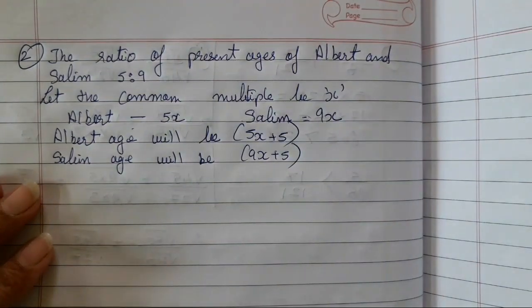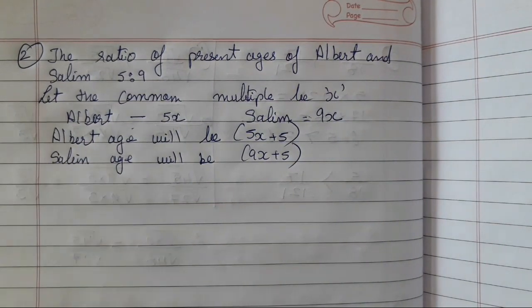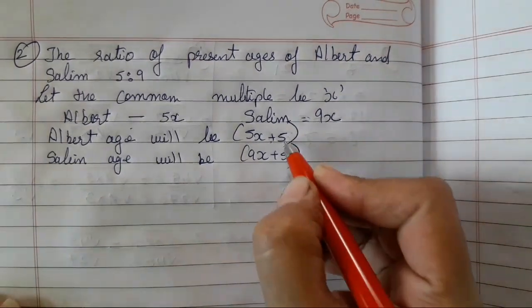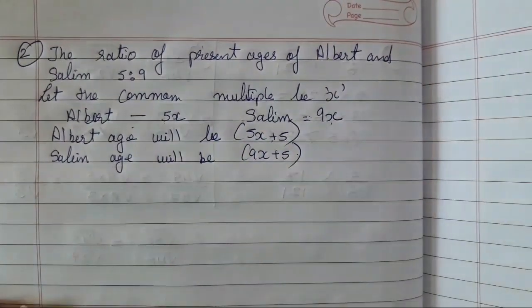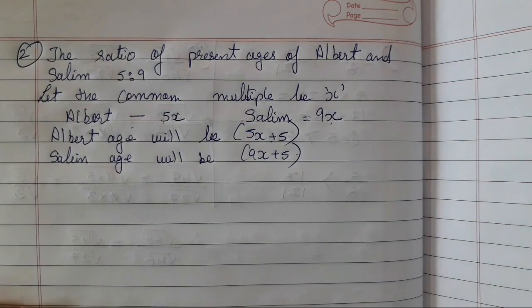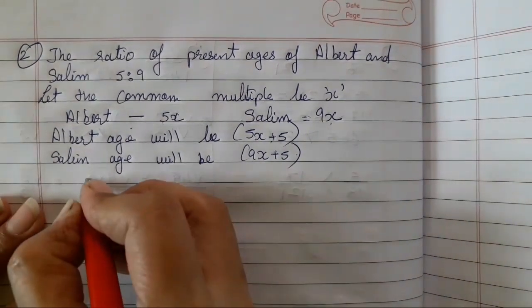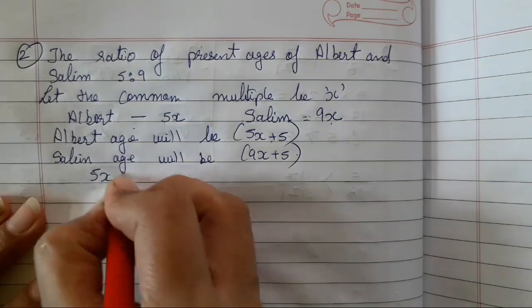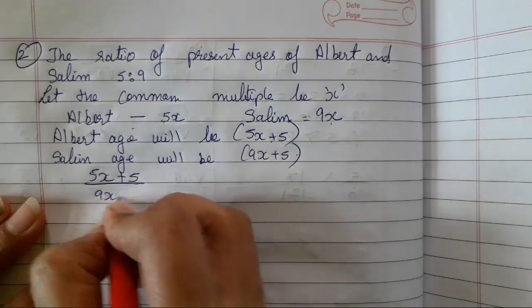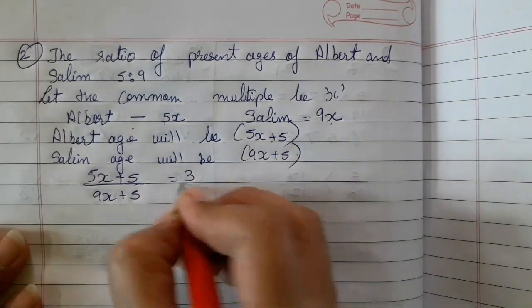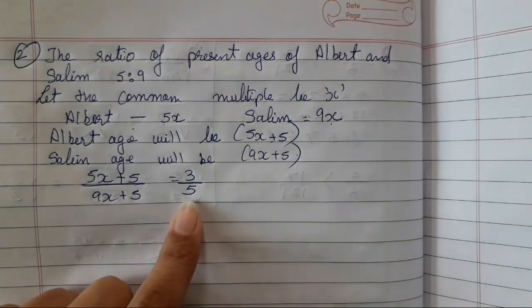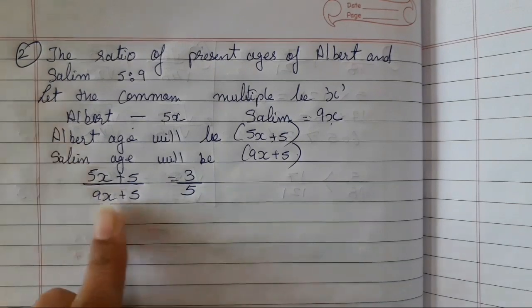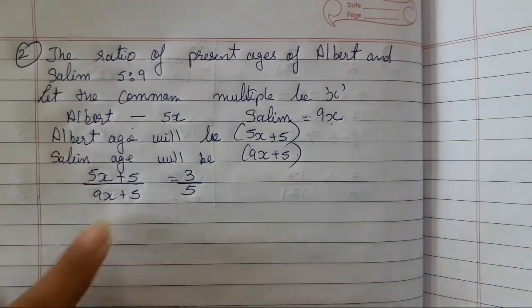Okay, why we are taking 5? Because hence 5 years, after 5 years, and that is why we are adding 5 to their ages that we have taken as 5x and 9x. Okay, so from the condition 5x plus 5, 9x plus 5 is equal to 3:5, isn't it? After 5 years the ratio is going to be this. We have added the 5 years and the present age is over here.